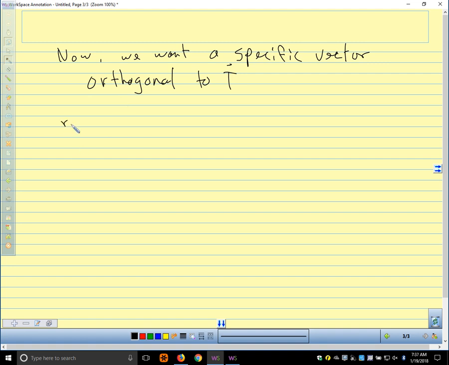And I'm going to say recall that if r dot r, this was one of our properties of a vector valued function, r dot r equals a constant, then r dot r prime equals 0.